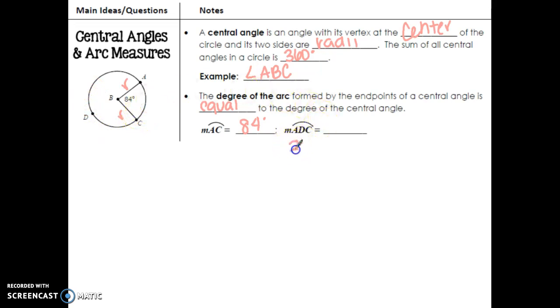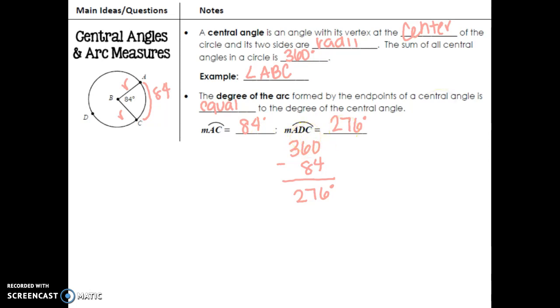So that's going to be 360 minus 84. So I take away the 84 that this is. That is actually going to give us 276 degrees. So that is 276. Of course, these two arcs added up will give you 360.